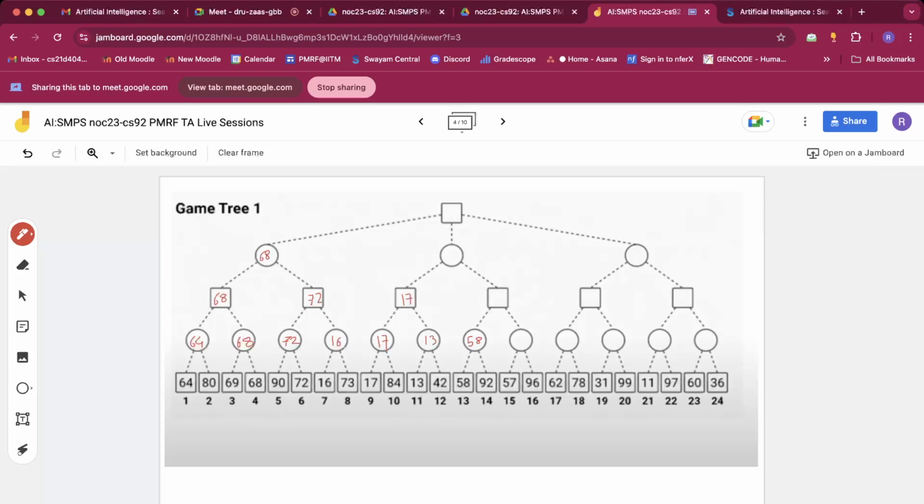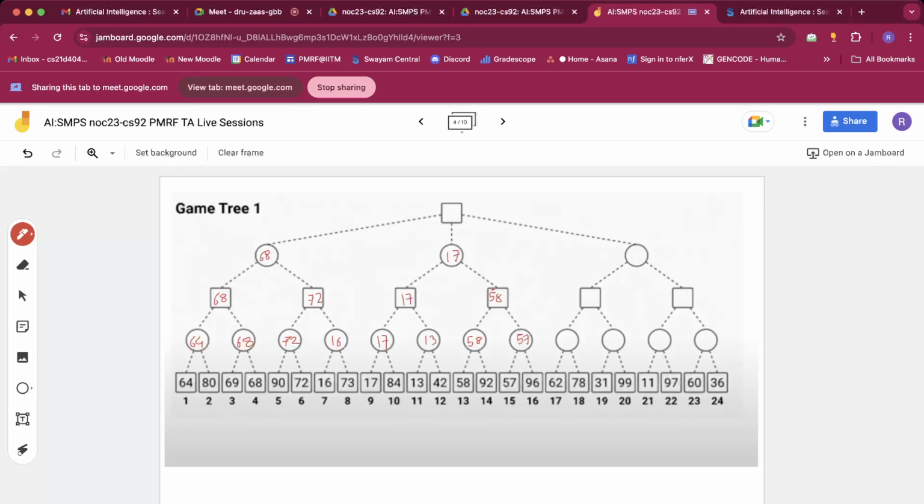Okay, so this will be 58, this will be 57, sorry about that, and then this will be 58, sorry about that.